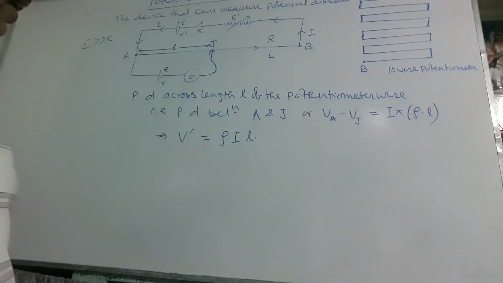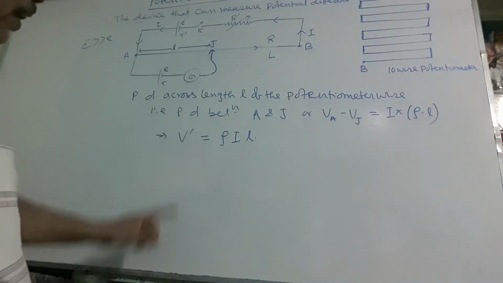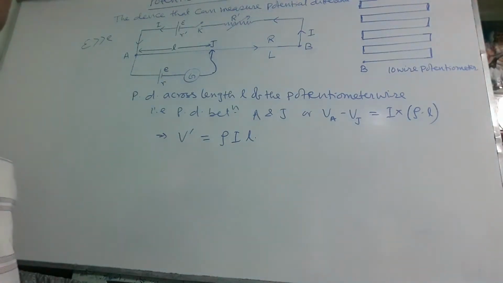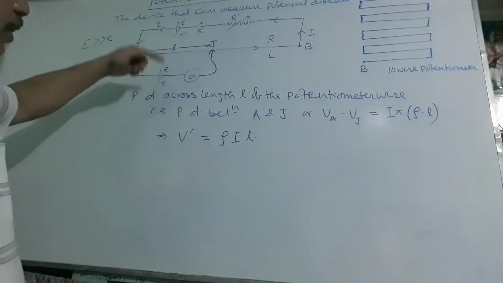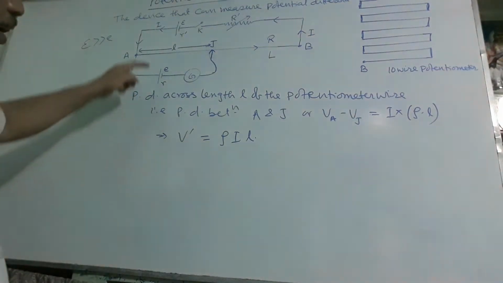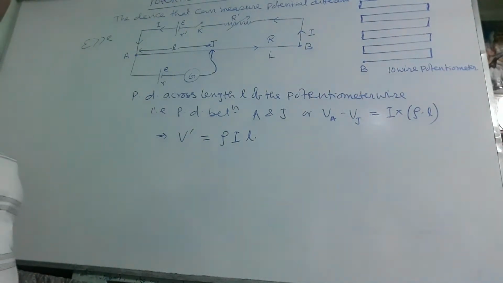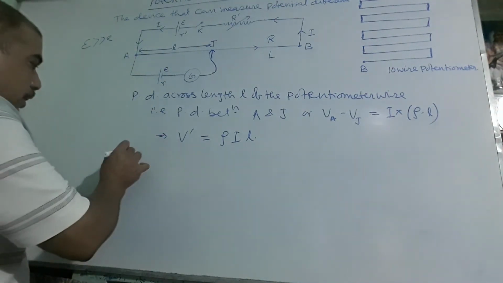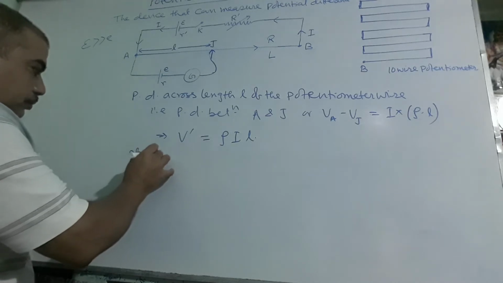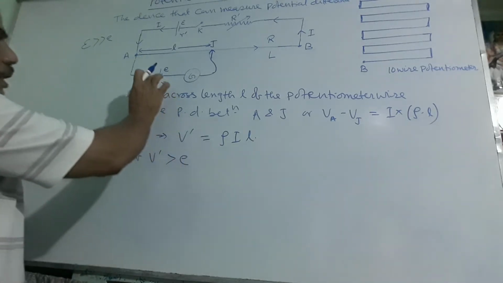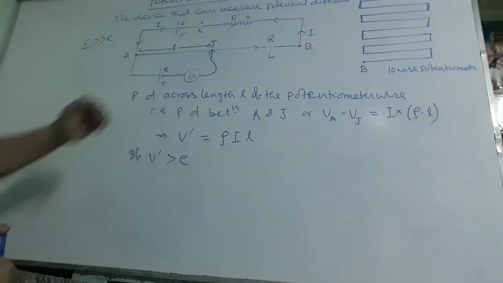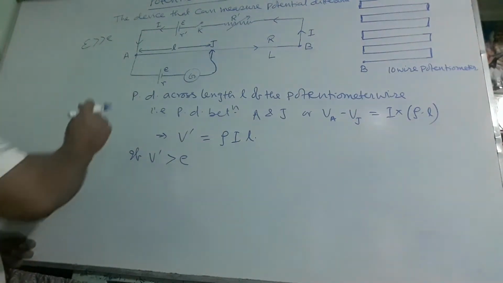Now there are three possibilities. V dash becomes more than E, or V dash becomes less than E, or V dash is equal to E. If V dash becomes more than E, where E is the EMF of this cell, what will happen?